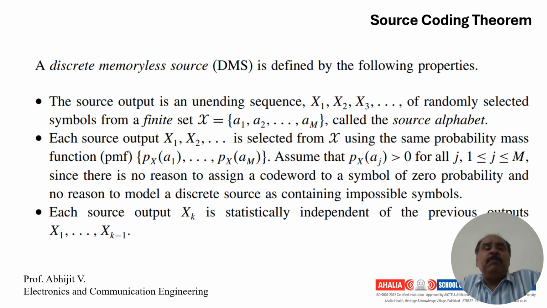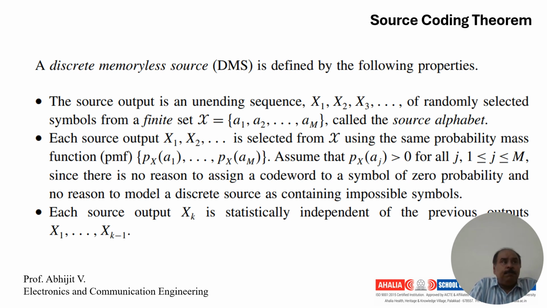What is a discrete memoryless source? So before we go ahead with source coding theorems, we need to understand what a discrete memoryless source is. The definition goes like this: the source output has an unending sequence of random variables x1, x2, x3 from a finite set X, where X is equal to a1 to am, and this is called the source alphabet.